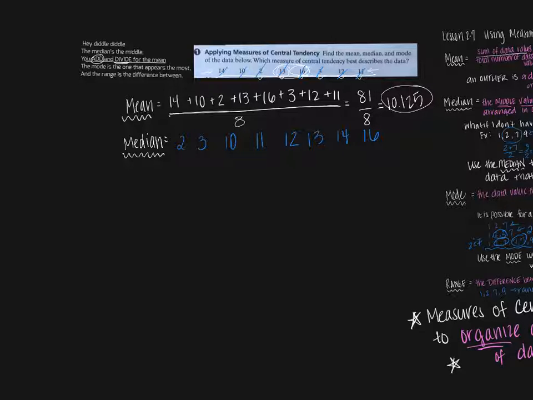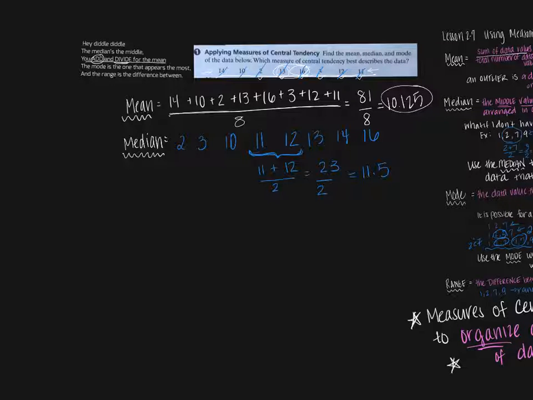I have 8, so it's going to be in between 11 and 12. How do I figure out what's exactly right in between 11 and 12? Some of you intuitively know that it's 11 and a half. But if I'm not sure, I have to go back and use mean to find median. So I add 11 and 12 together and divide by 2, which gives me 23 divided by 2, which is 11.5.